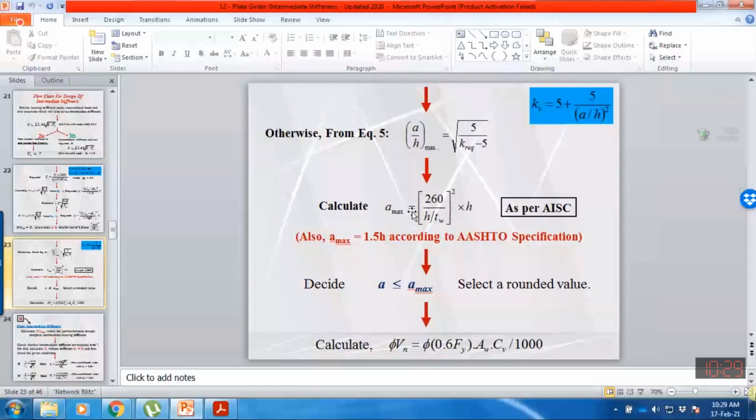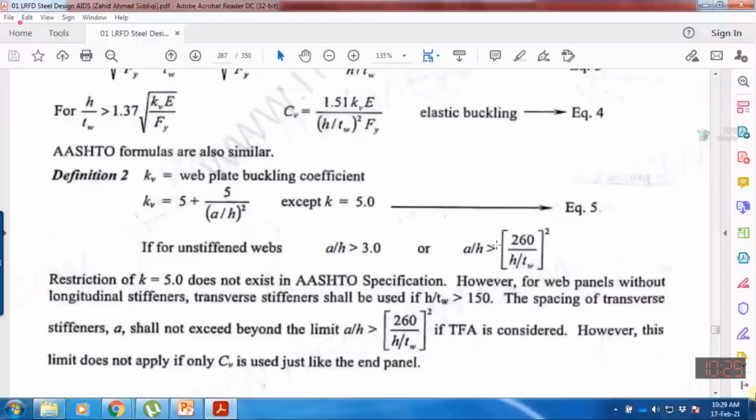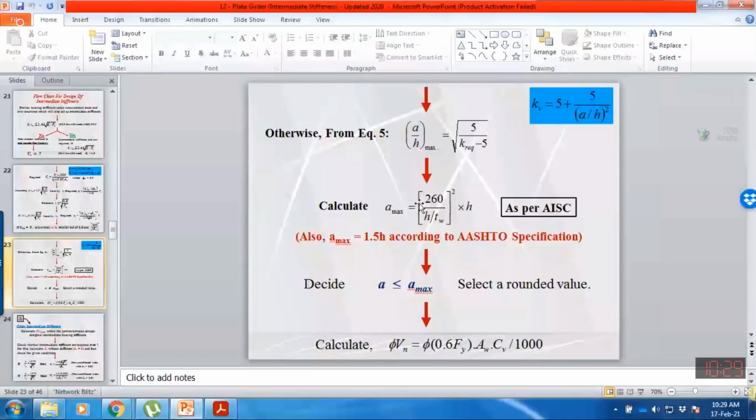that is here. So the spacing of stiffener should be less than the A maximum that we have got from this equation. So the A value that you have computed should be less than this A maximum. And A maximum is 1.5 in the AASHTO specification. So the maximum A should be the lesser out of these two.